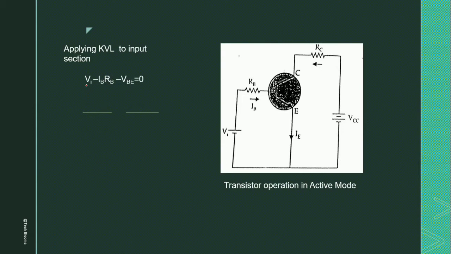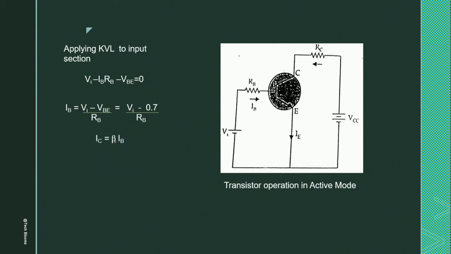We have Vi, going from minus to plus, so it will be Vi minus IB RB minus VBE, that is the base emitter voltage, equal to 0. Now rearranging the terms, we get an expression for IB, that is IB equal to Vi minus VBE upon RB. VBE is nothing but 0.7.